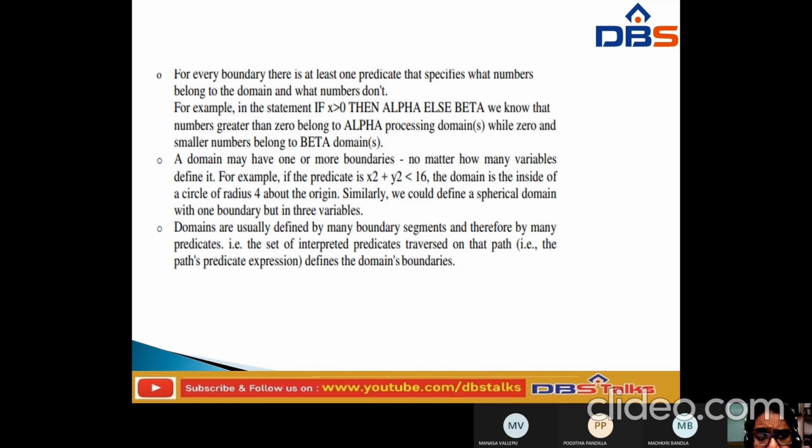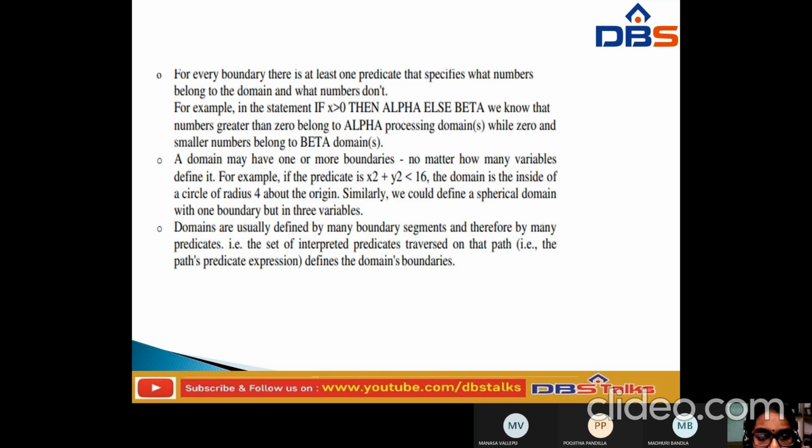So here the domains are usually defined by many boundary segments, and therefore many predicates. Predicates means what? How are we going to guess that predicate, how the testing is going to be performed? That is the set of interpreted predicates. It should be traversed.